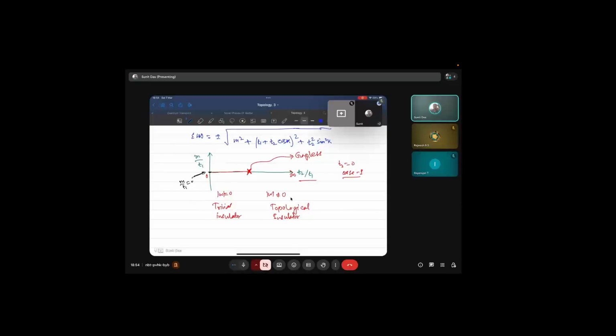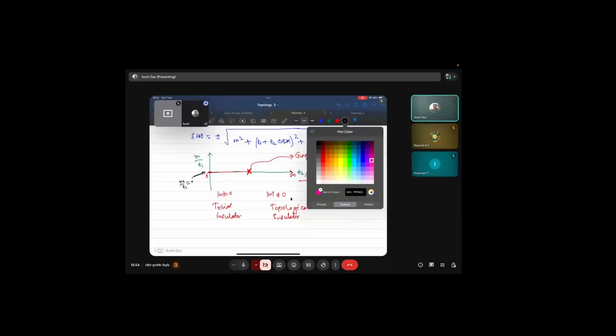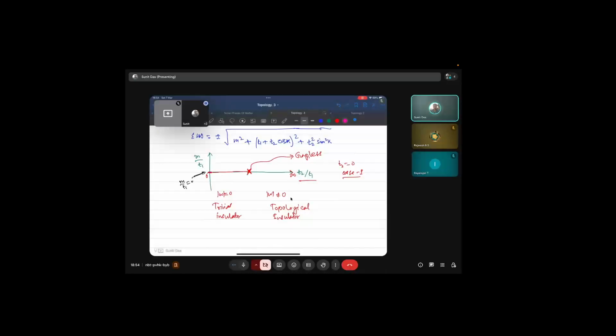So the question is, what we have seen earlier is that if you are sitting exactly at this point, so you had no m mass term, then going from trivial insulator to topological insulator was not possible.